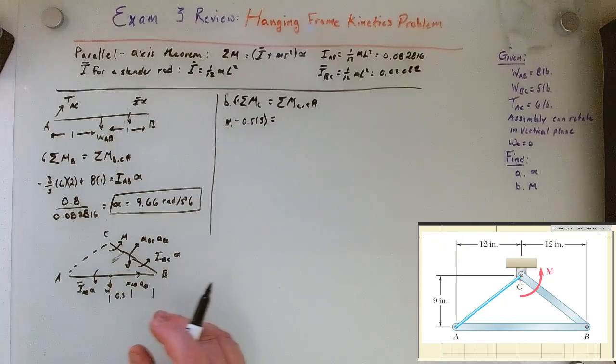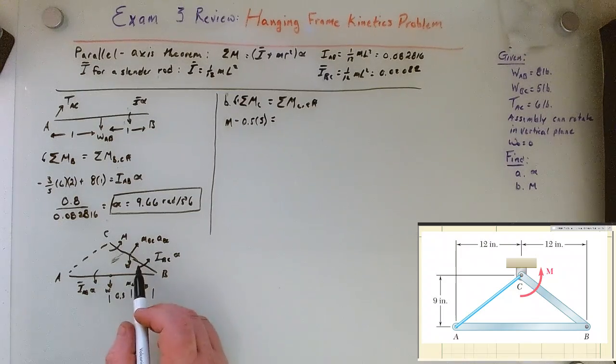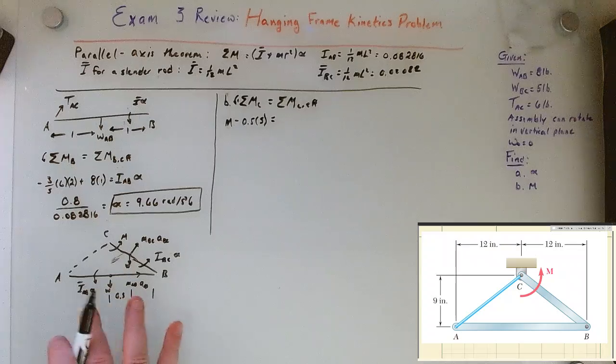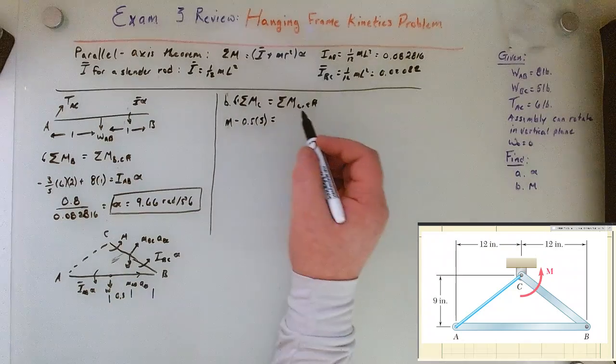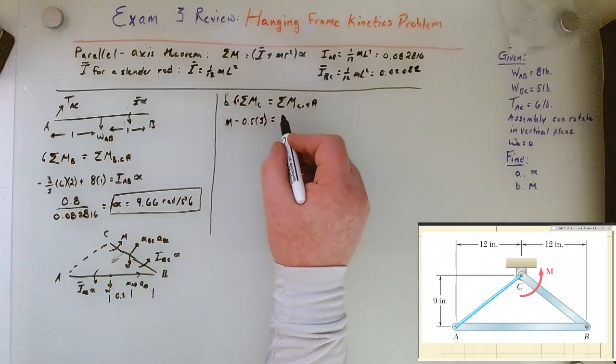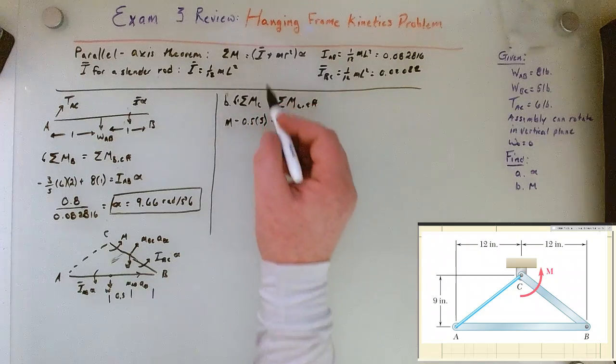All right, so we need the representation of BC and AB. So first things first, AB, and we can just write it in the same way that we've got it up here.